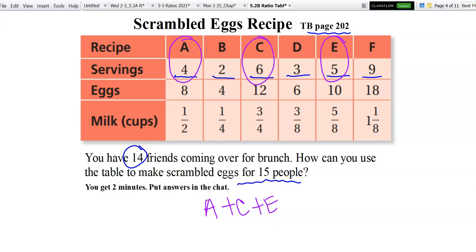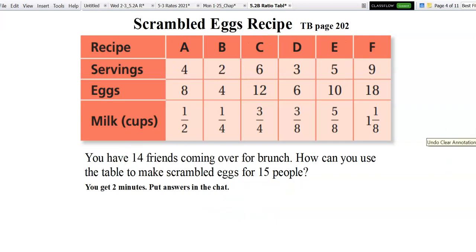Okay, well, how about this? What if I'm looking for 15 people and I notice that the 9 plus the 6, so I could add C plus F. So you see that there's a bunch of different ways that we can make this recipe.